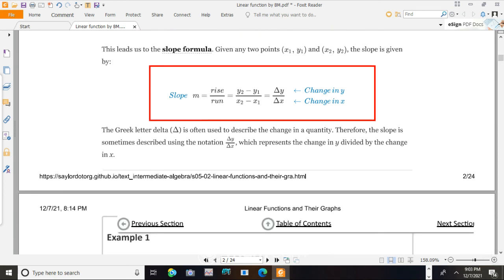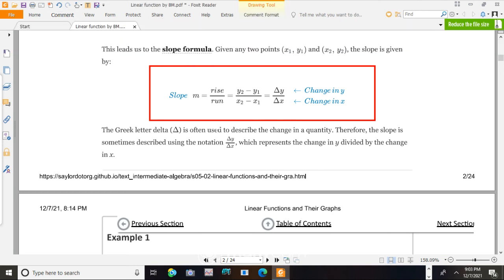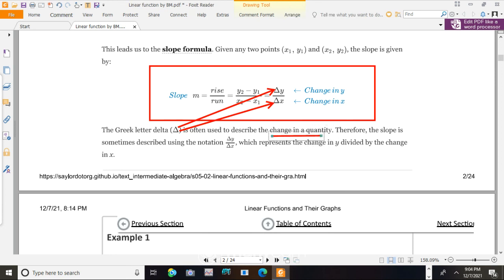Here, the Greek letter delta is often used to describe the change of a quantity.